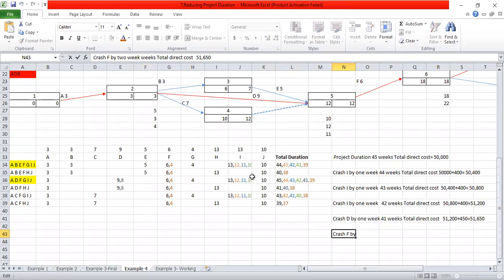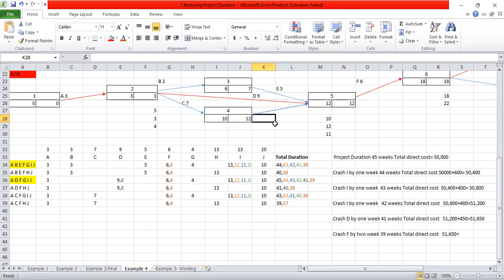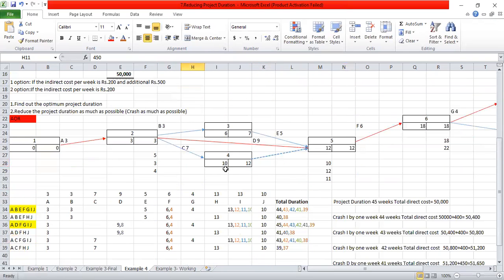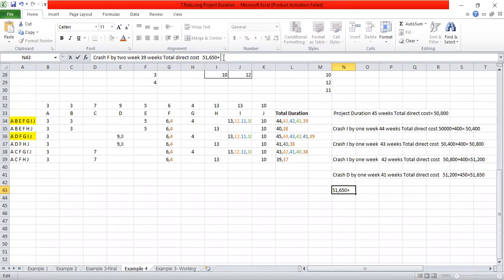Which path has the longest duration? 39, 38, 39, 38, 38, 37. So 39 weeks we are having, and for the total direct cost, you have to add what? 450 twice, because we have crashed the F activity by 2 weeks. 450 twice means you have to add 900, right?